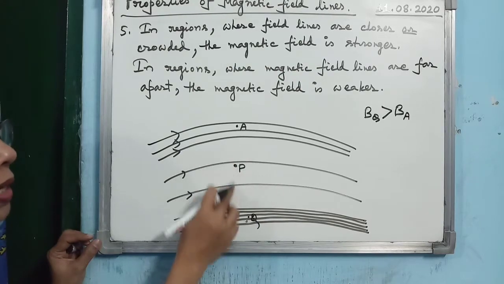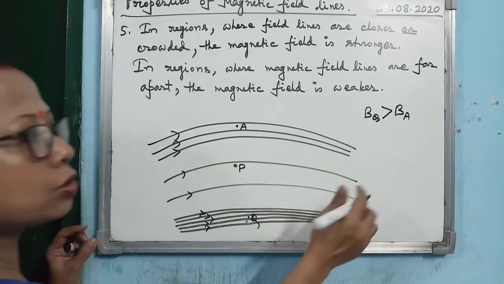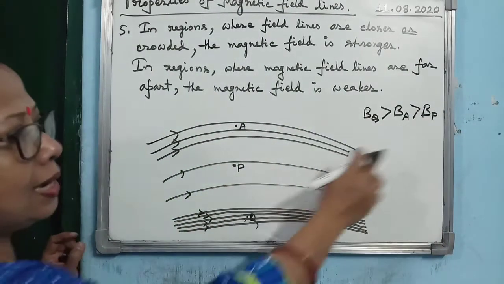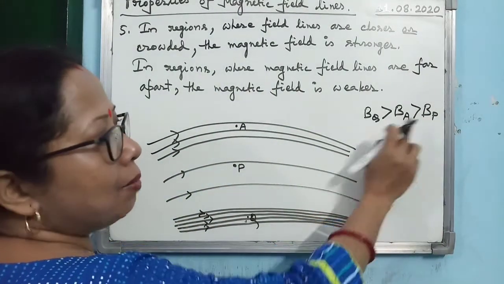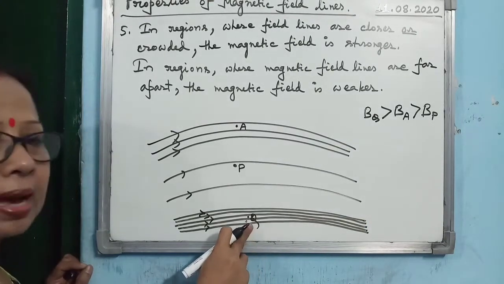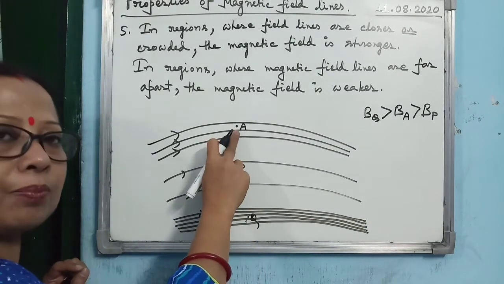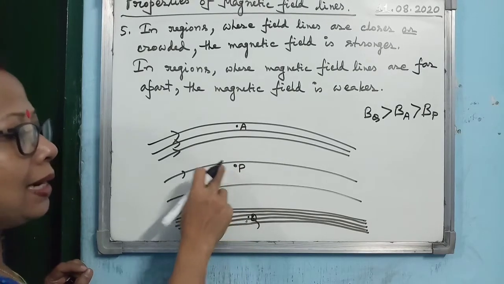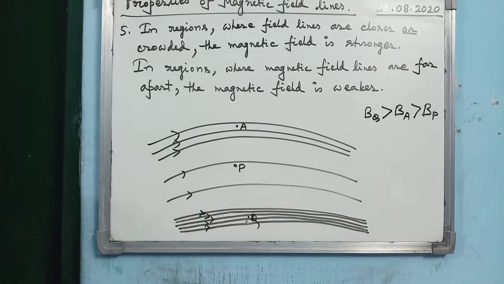Again you consider the point P. At the point P, all the lines are far apart. So you can write the magnetic field at the point P is minimum. Okay, magnetic field at the point Q is maximum, magnetic field at the point A is greater than P but less than Q, and magnetic field at the point P is minimum.